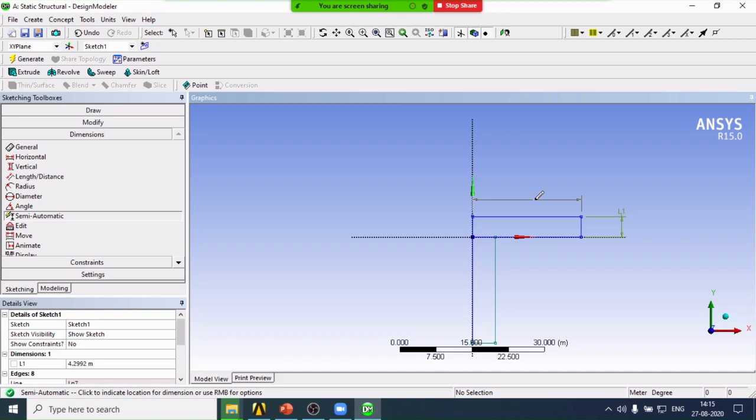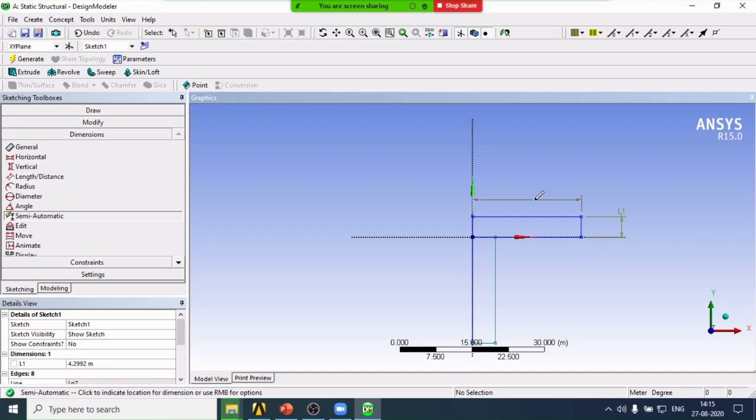Another horizontal dimension I need. This is the thickness. Between the two rectangles I created, I need to trim the middle part. Then I can go on giving these dimensions quite easily.